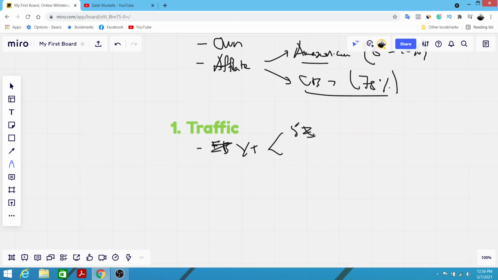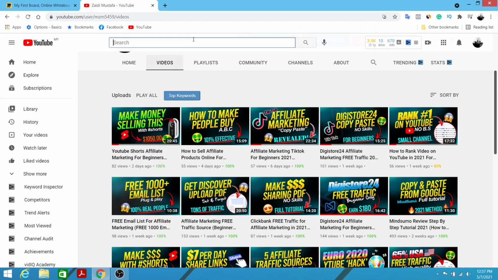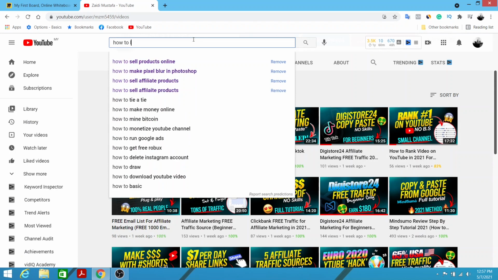When we talk about a search engine, it means you can drive this traffic for as long as possible, because as long as there is demand on your particular subject, on your particular niche, you're going to be able to drive a lot of traffic as long as YouTube exists. For example, if you go to YouTube and type in "how to lose weight," there are going to be a bunch of search results. Let me head off to YouTube and type in "how to lose weight."